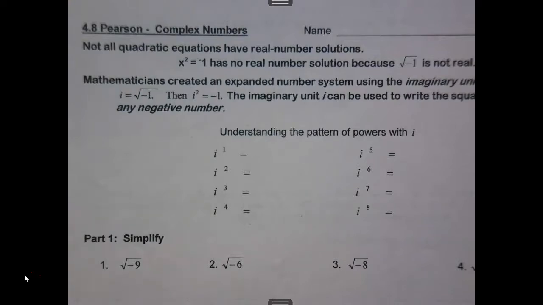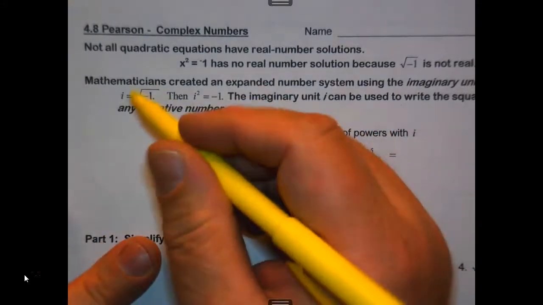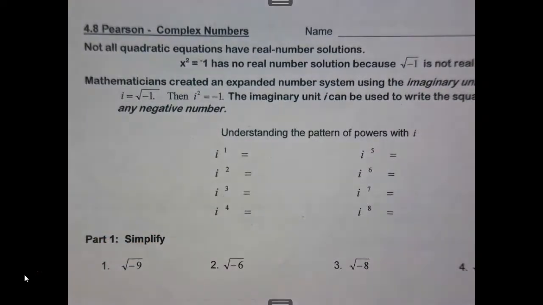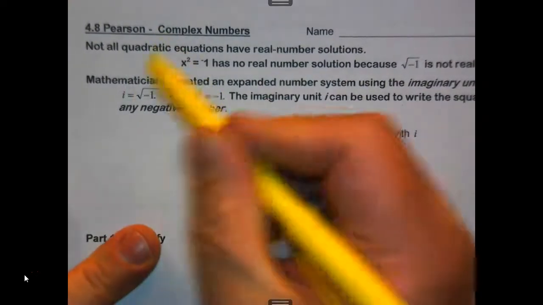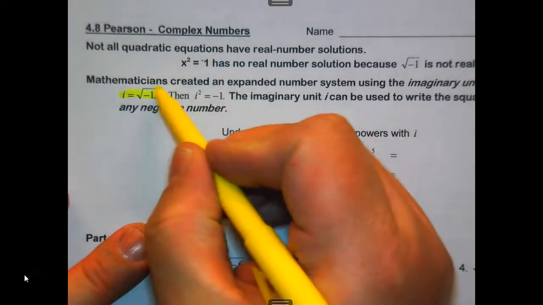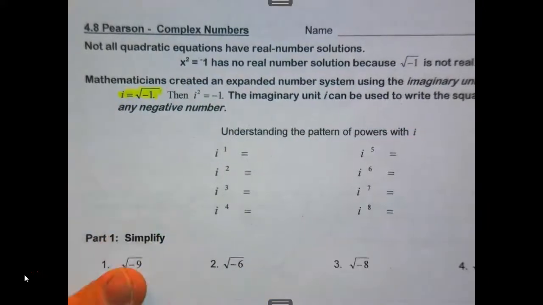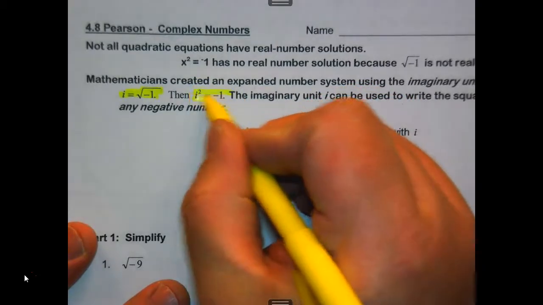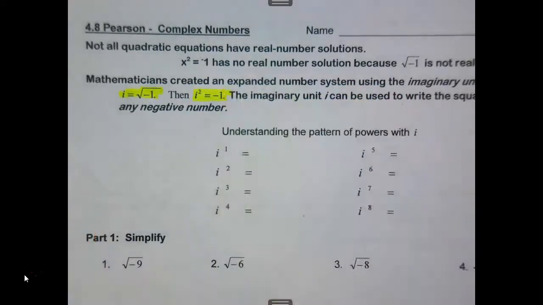Actually, it was invented by this guy, Gauss. He said, well, I'm going to make up an imaginary number system where I have the letter i equal the square root of negative 1, and i squared is negative 1. Now you can solve all kinds of radical problems.